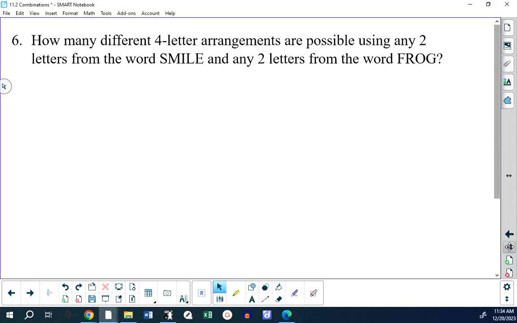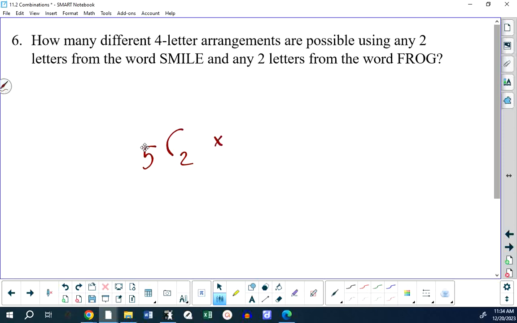All right. How many 4-letter arrangements are possible using any 2 letters from the word smile and any 2 letters from the word frog? So if I want to make a 4-letter arrangement using 2 letters from smile and 2 from frog, then I guess of the 5 letters in smile, I need to choose 2 of them.